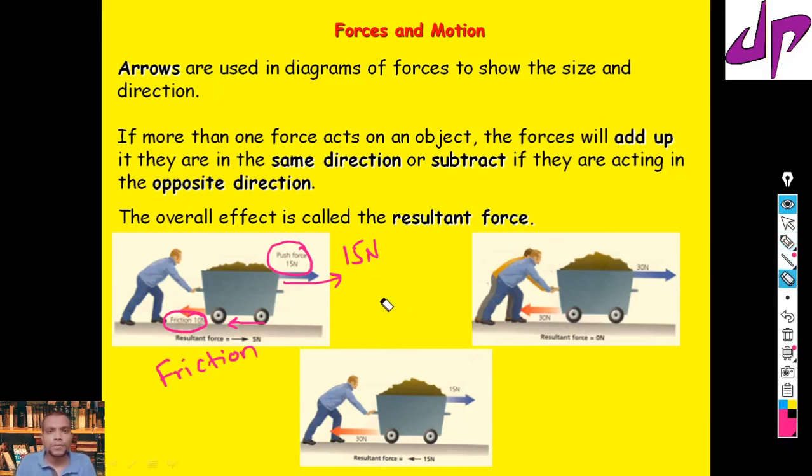Now if you observe, the force applied by him is 15 Newton, and the friction force here is shown as 10 Newton. The friction force is less than the applied force, so obviously the cart will move.